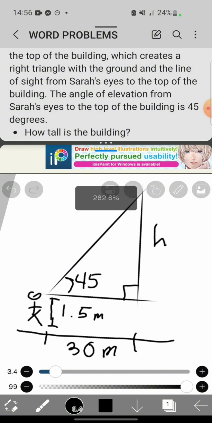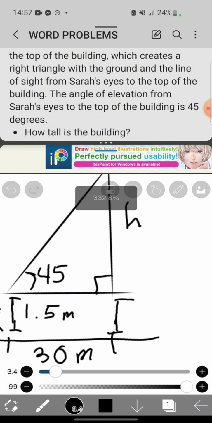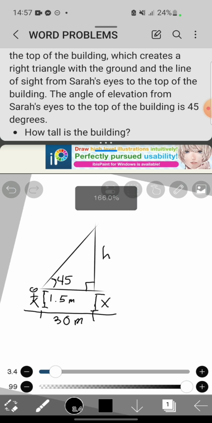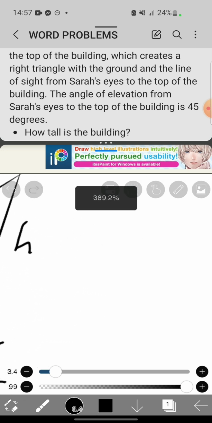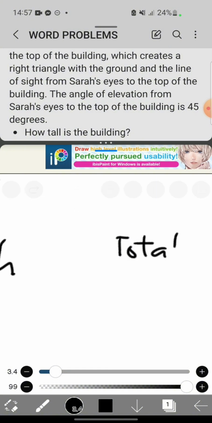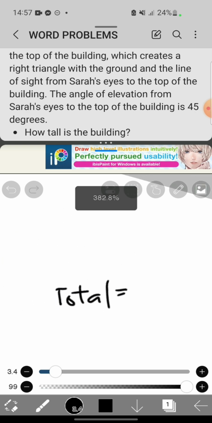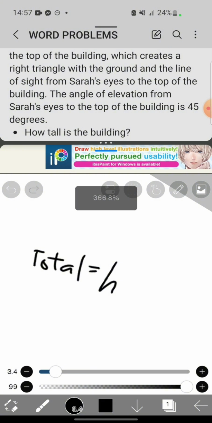So this is x. The total height of the building is equal to h plus x.